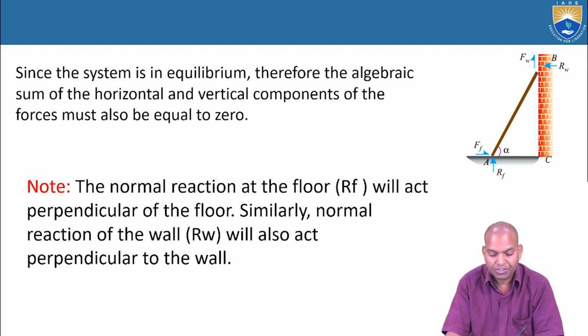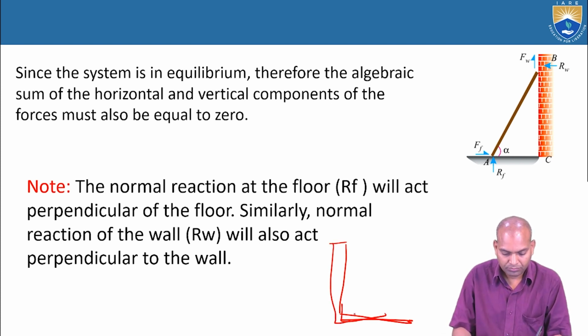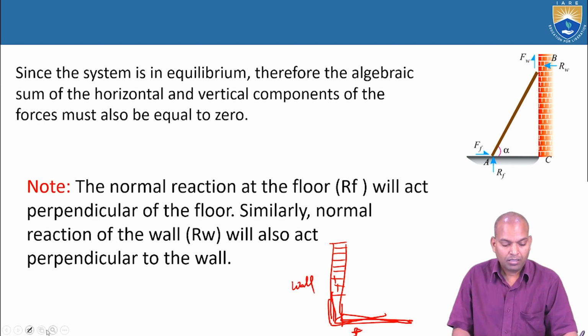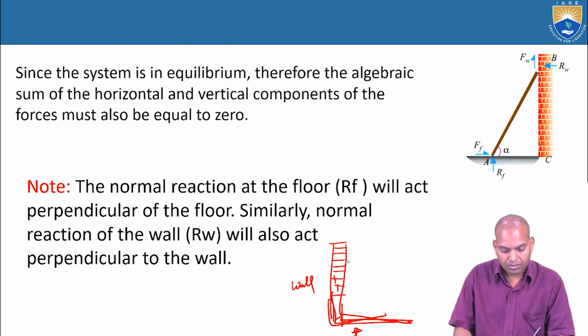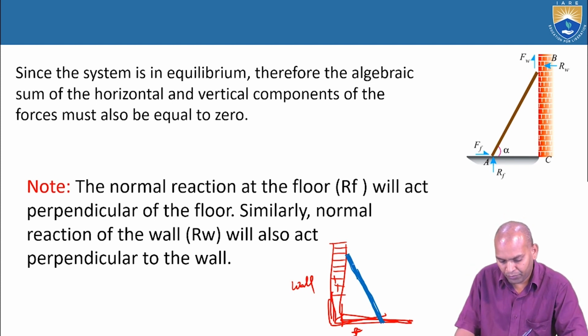Suppose the wall is in this direction, this is the wall, and this is the floor. And the ladder is slided like that. If the ladder is in this direction, then what about the frictional forces?